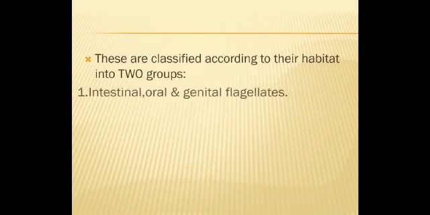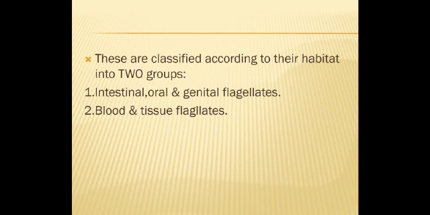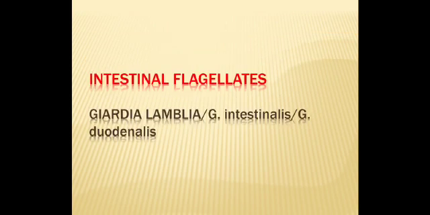Now they can be either intestinal, oral or genital flagellates, and blood or tissue flagellates. Now we will move on to intestinal flagellates. The most important human pathogen among the intestinal flagellates is Giardia lamblia. It is also called Giardia intestinalis or Giardia duodenalis.